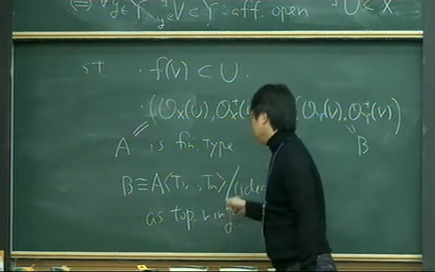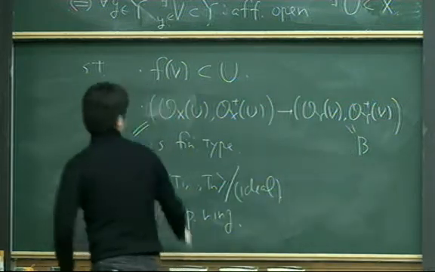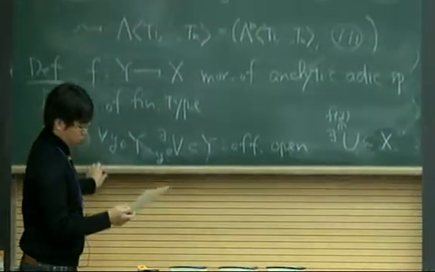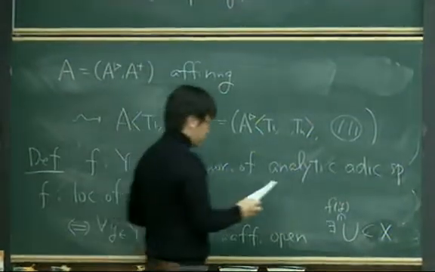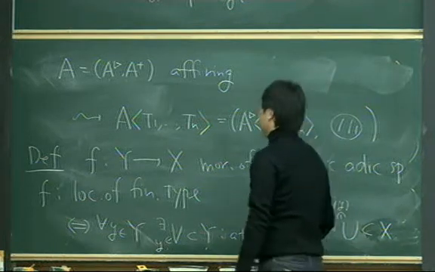We consider the quotient topology on this ring. This is the definition of locally finite type.